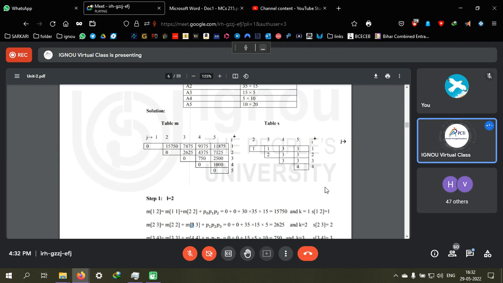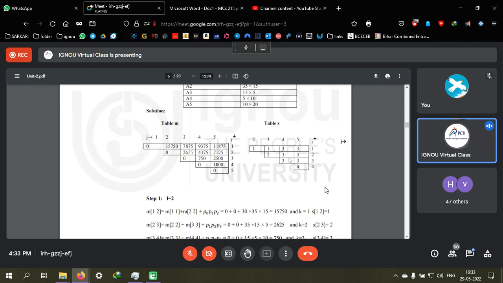Now we have to compute P(i-1), P(k) and P(j). P(i-1), that means 2 minus 1 is 1. If we are computing P2, that means this is the value of Pk, then Pj. Put the value and compute it. You will get the solution of this 2, 3.